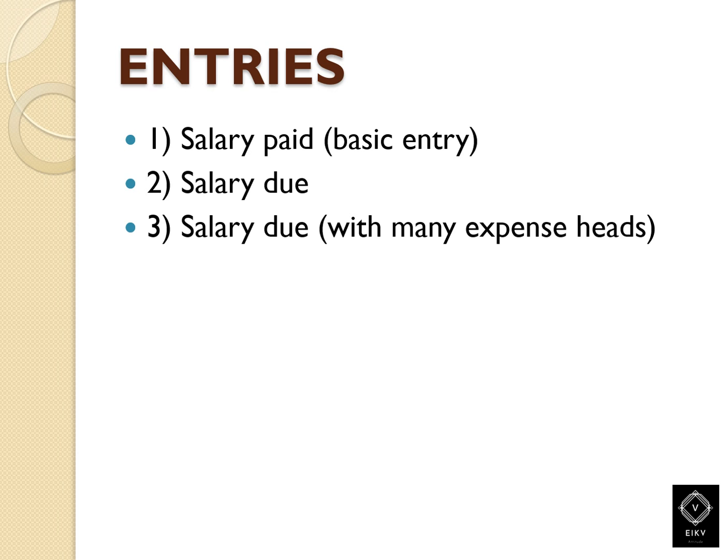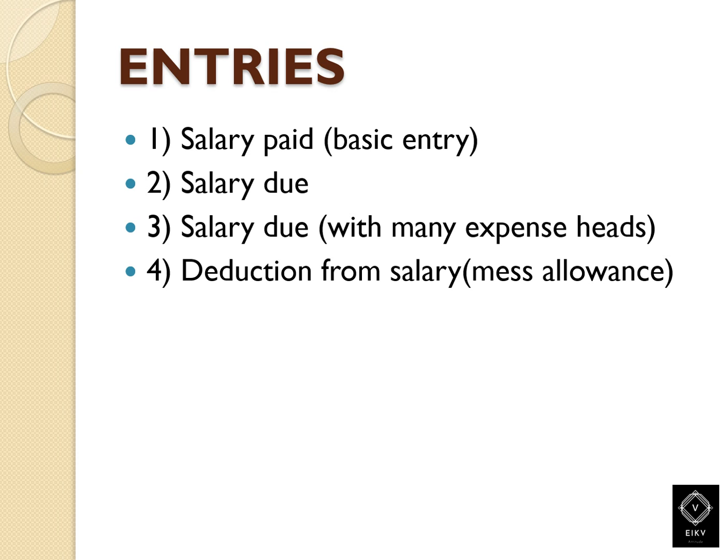The many expenses heads means that when we check the profit and loss account, we can see a salary or basic pay head, HRA head, or mess allowance. Likewise, we can split it out. We can sketch these things from the profit and loss account, right? How can we form the entry in those cases?